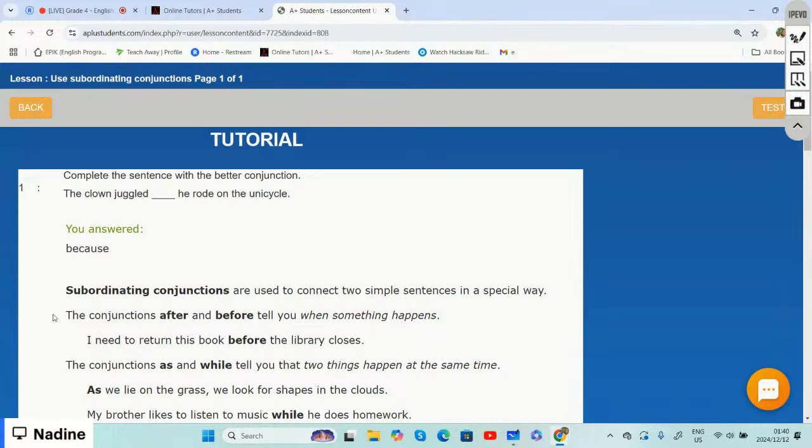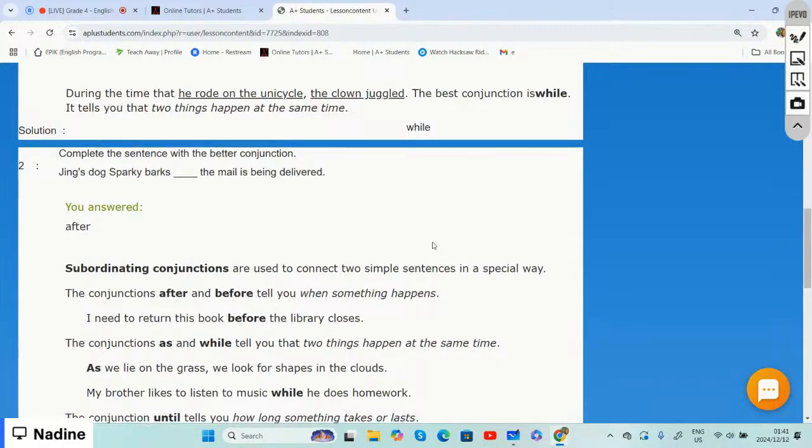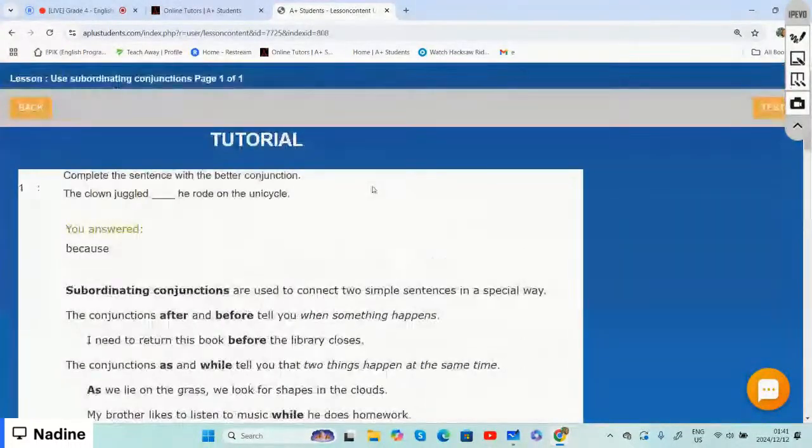So if we want to use subordinating conjunctions, right? All right. So we need to quickly use the conjunctions.